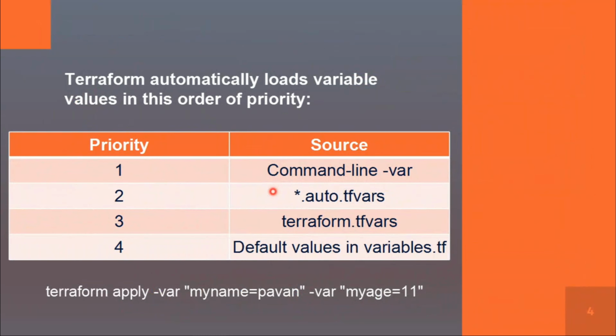When we are declaring variables, which one will take the highest priority? That we are going to discuss in this slide. The first priority goes to command line variable declarations using -var.